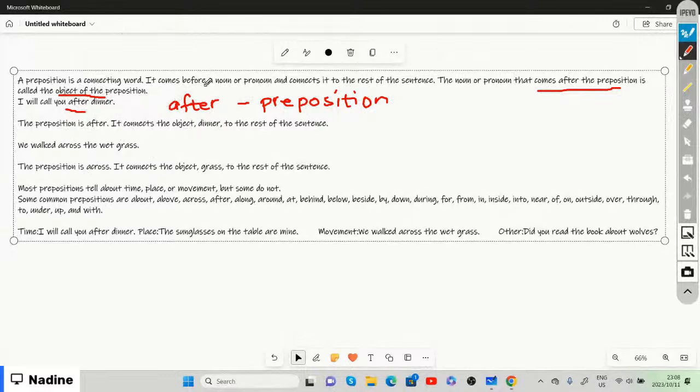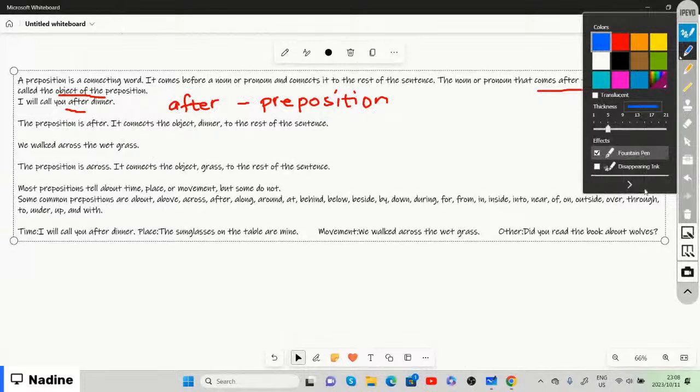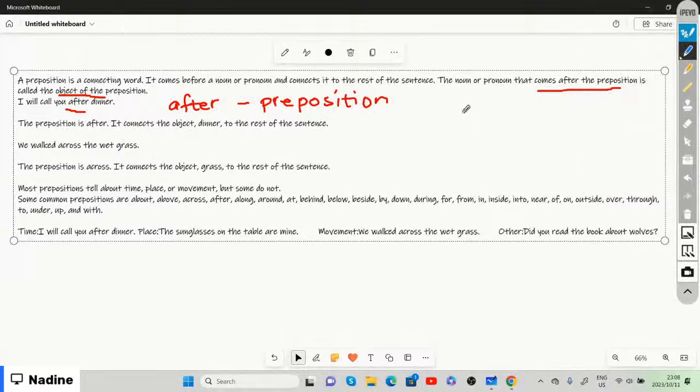Because remember, we said that a preposition is a connecting word and it comes before the noun, and the noun over here is dinner. So dinner is our noun, and it connects to the rest of the sentence.